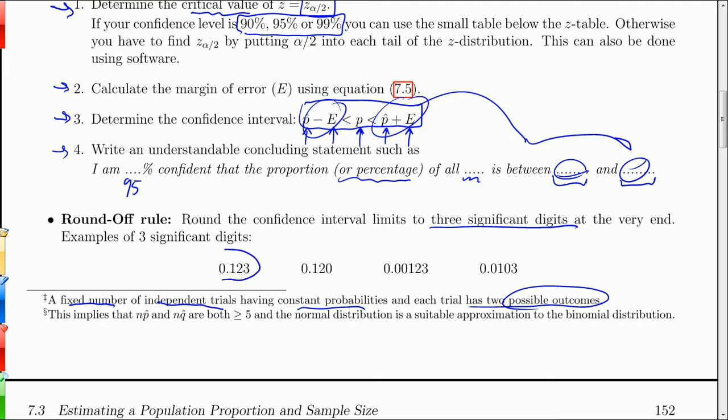So simple form, 0.123, and again zeros count, so that 0 counts as the 3rd significant digit. Preceding zeros don't count, so you don't actually start counting 1, 2, 3 until you get out to that 3rd decimal place. Once you get to this first non-zero digit, you do 2 more, and that's 3 significant digits.